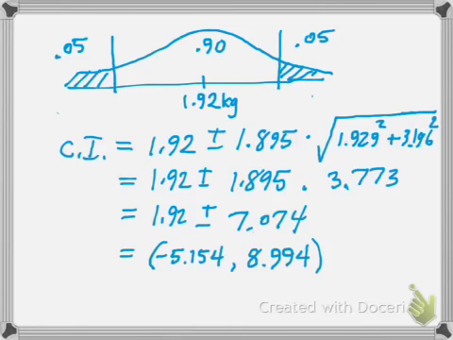But wait, there's a really good chance, right? There's a 90% probability that this interval captures that true mean. And we don't know where that true mean difference is, but we're saying, well, it could be over here. The true mean difference could be that the novices are 5 kilograms heavier. Or maybe it's way over here and the experts are 7 kilograms heavier.